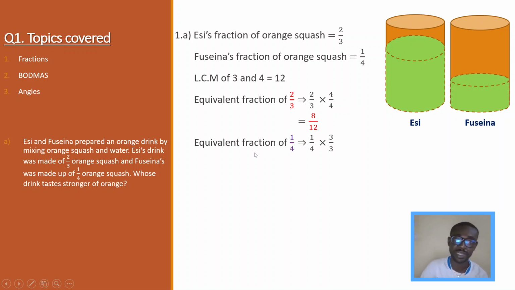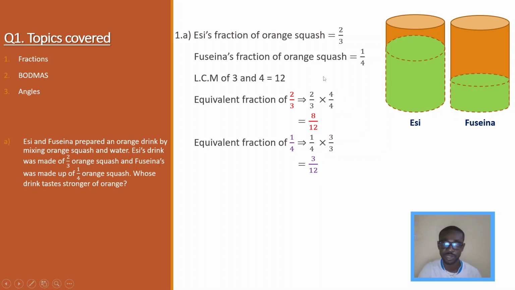Then we have to also find an equivalent fraction to 1 over 4 in such a way that the denominator also will be 12. So that is 3 over 3, because when I multiply 4 by 3, I'm also going to get 12. So when we multiply the numerators, 1 times 3 will give us the 3 here, and then 4 times 3 will also give us 12.